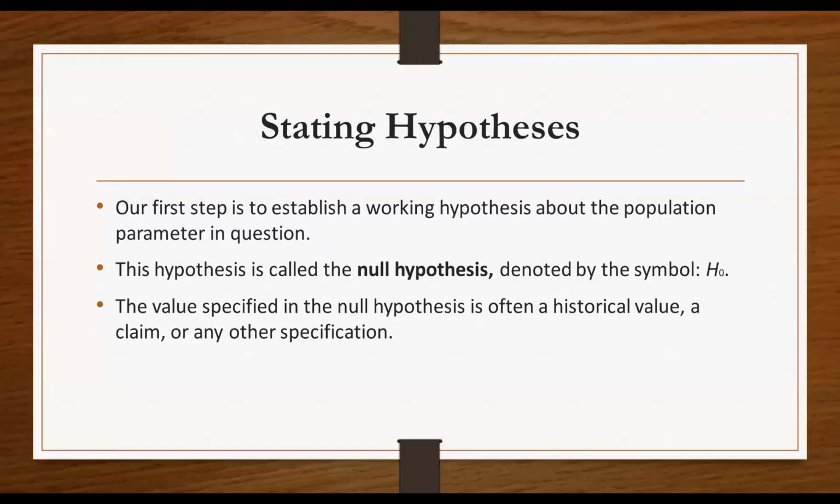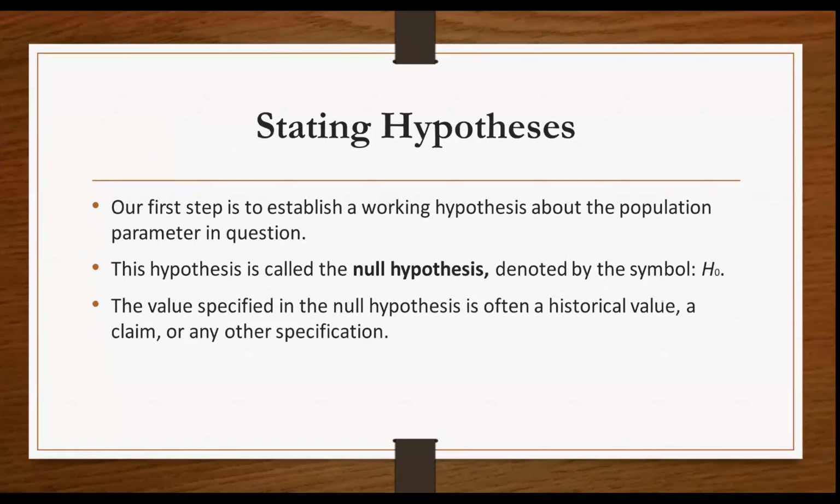Now, the other thing that you need to learn is the idea of stating the hypothesis. How do you state the hypothesis? Our first step is to establish the working hypothesis about the population parameter in question. This hypothesis is called the null hypothesis, denoted by H naught.